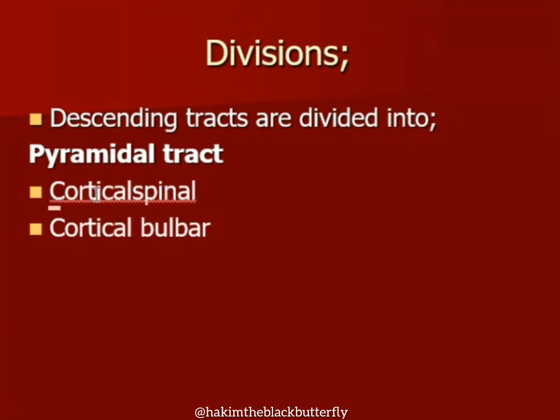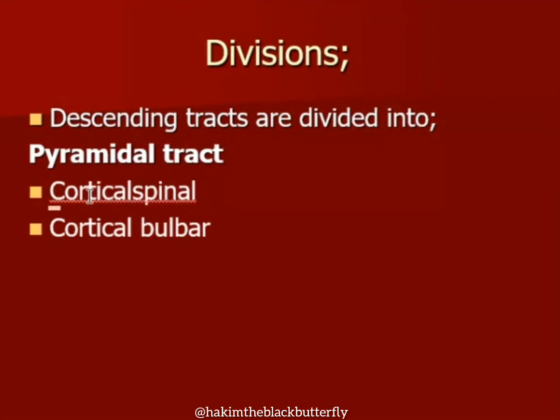The corticospinal tract tells us that axons of upper motor neurons are transmitting motor impulses from the cerebral cortex to the spinal cord. And axons of the corticobulbar tract are transmitting motor impulses from the cerebral cortex to the brain stem.